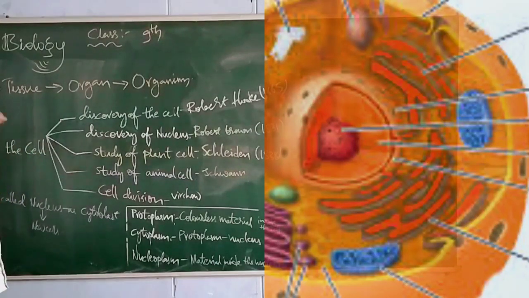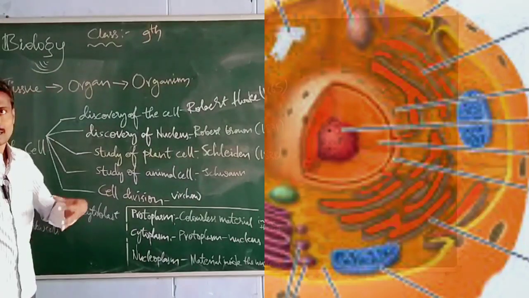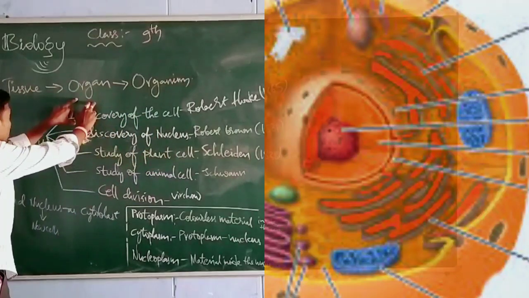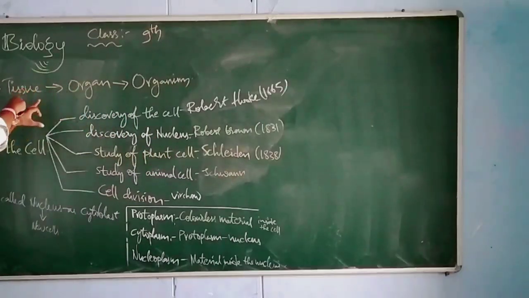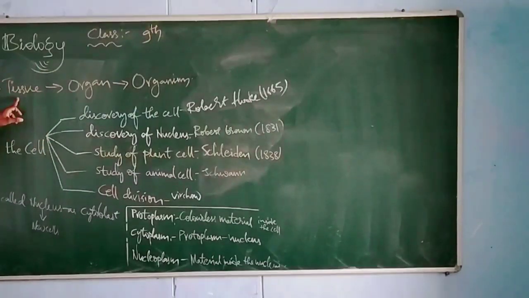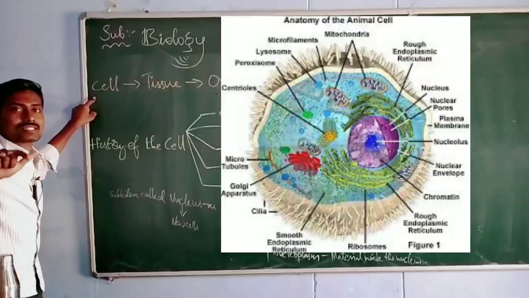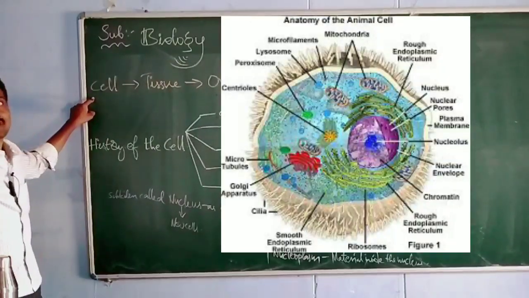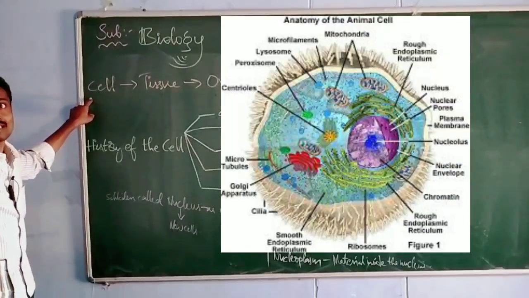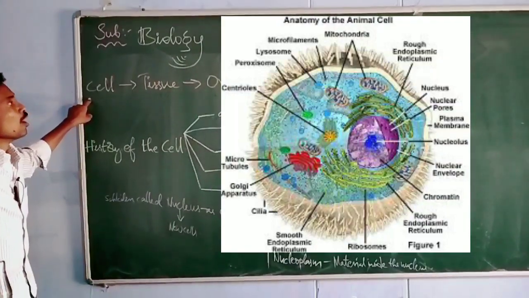Actually, we are all organisms. We are made up of organs. Organs are made up of tissues. Tissue is nothing but a group of cells. That's what we have to consider. A cell is the basic structural and functional unit of an organism.